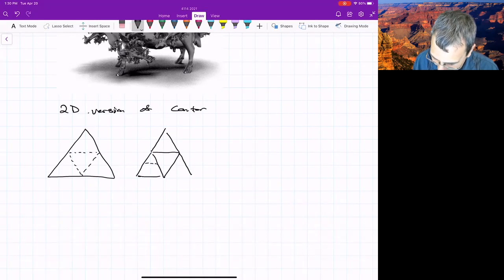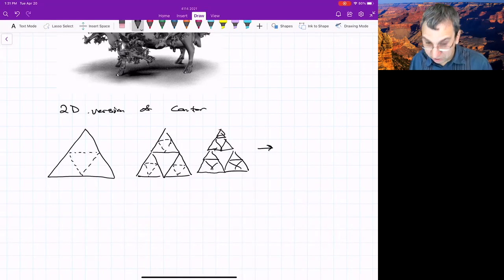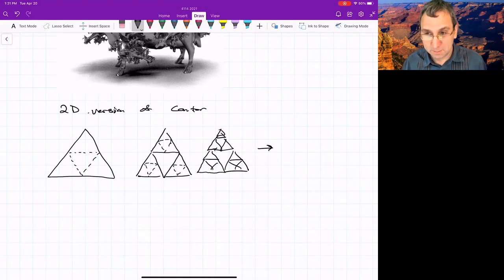Now apply that procedure again. For each of these, you remove the middle fourth. Hopefully you get the idea. You just keep doing this. You could use the box counting approach. This one is probably tractable enough that you could get it analytically, but you could estimate it using a box count.